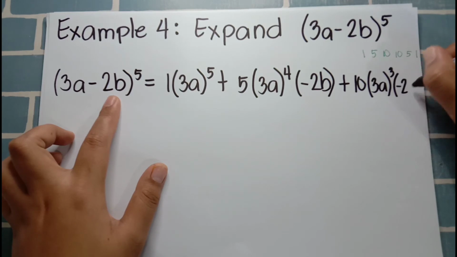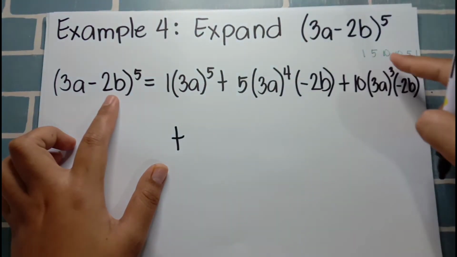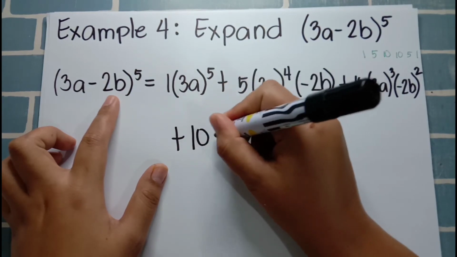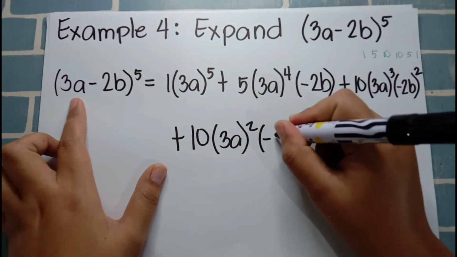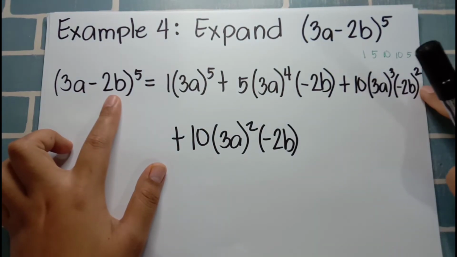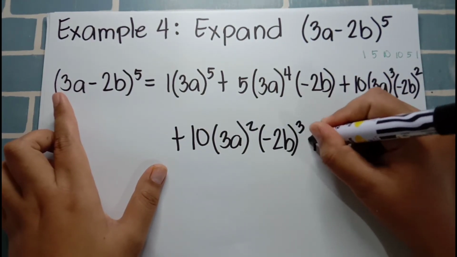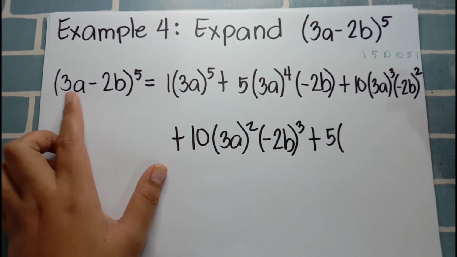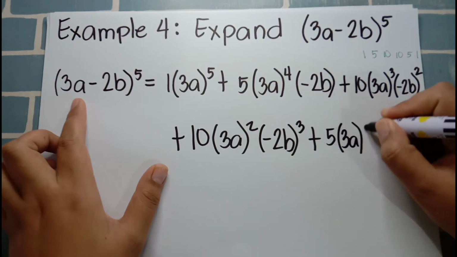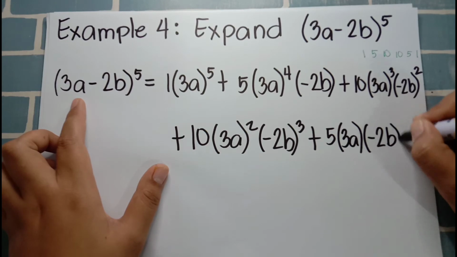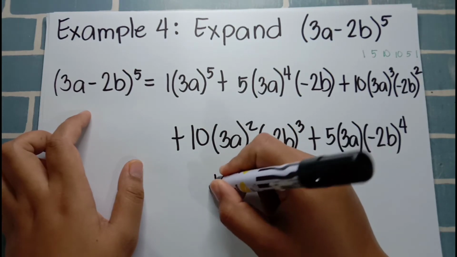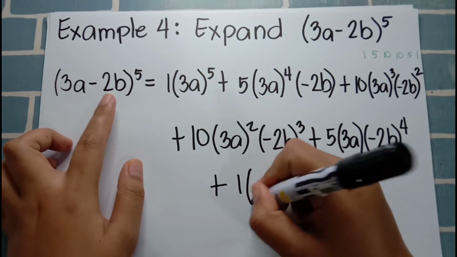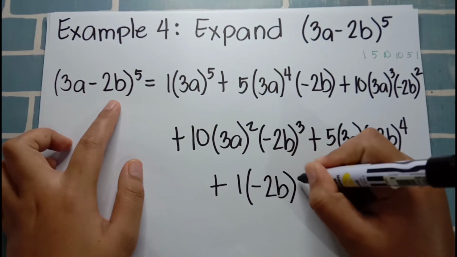Next, we will subtract 1, so it will become 3 times negative 2b plus 1, it will become 2, plus 10 times 3a squared times negative 2b, 2 plus 1 is 3, cubed, plus 5 times 3a times negative 2b, 3 plus 1 is 4, plus 1 times negative 2b raised to 5.